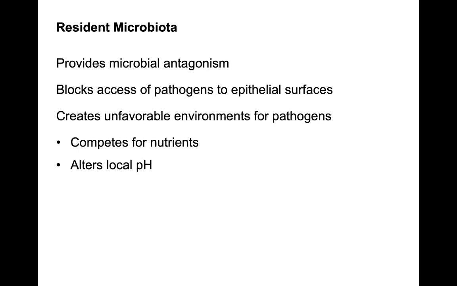And if you have a bad bacteria that wants to take up residence, they are competing with those good bacteria. And a lot of times the good bacteria might actually block access of pathogens to the epithelial surfaces. They also create unfavorable environments for pathogens, meaning that they are competing for nutrients, and they can alter local pHs.